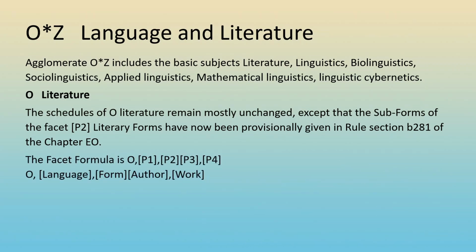The facet formula for the literature class is O, language, form, author, work, all in first round, different levels of personality facets.